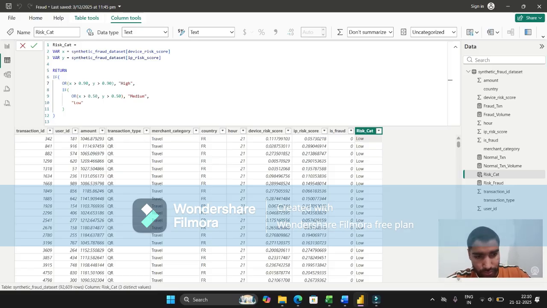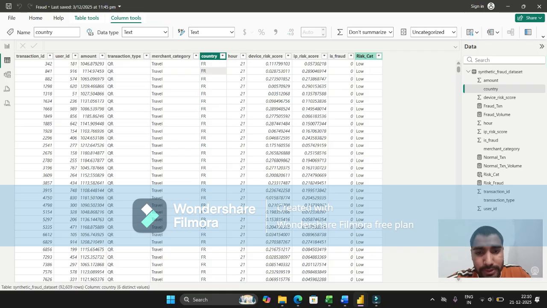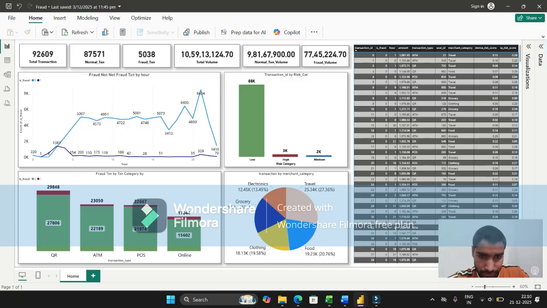After the risk categories of each and every transaction, I made the dashboard in Power BI Desktop. This is the desktop created by me, and here each and every piece of information is clearly showing.